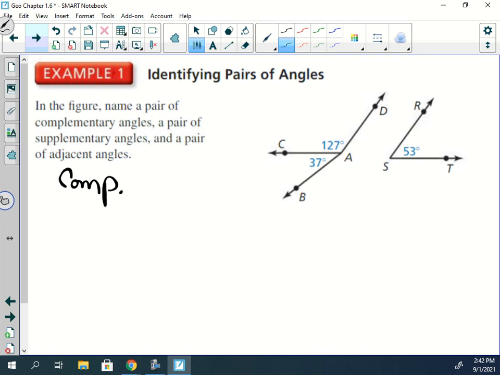Which two angles add up to 90 degrees? CAB and RST. We could have said BAC or CAB and RST or TSR or just angle S. 53 and 37 add up to 90 degrees, so that makes them complementary angles.